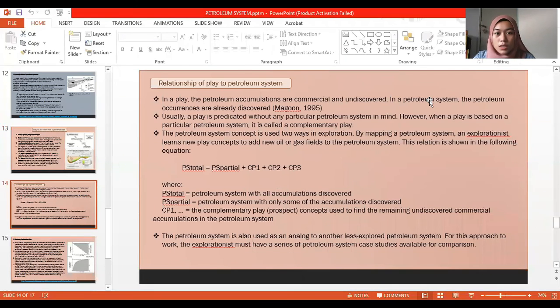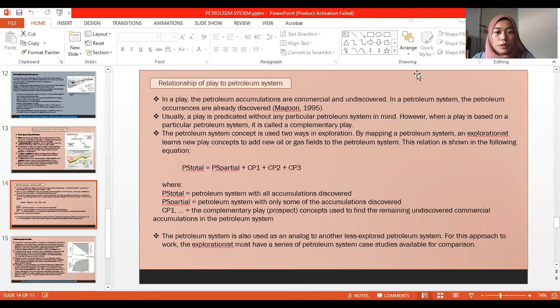So basically, we have a relationship of play and petroleum system. In a play, the petroleum accumulations are commercial and discovered, but in a petroleum system, it was already discovered by Magoon in 1995. Usually a play is predicted without any particular petroleum system in mind. However, when a play is based on the petroleum system, we call it a complementary play.